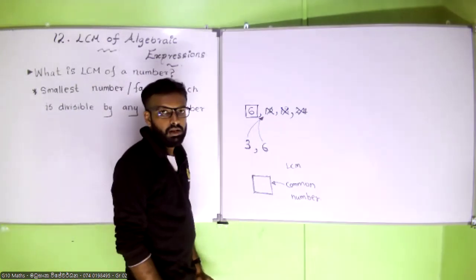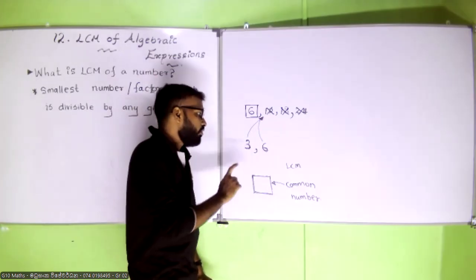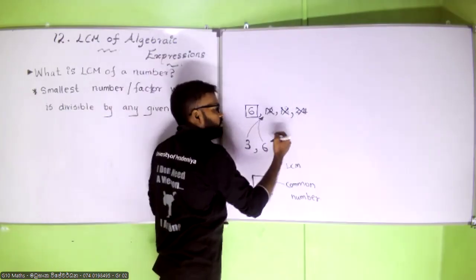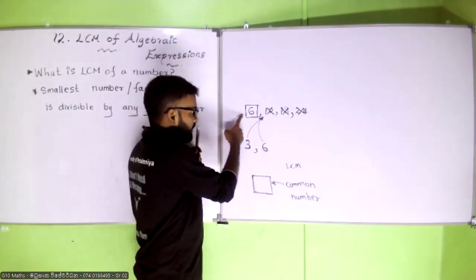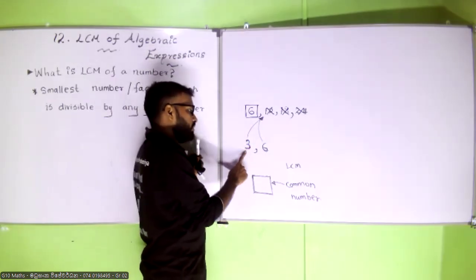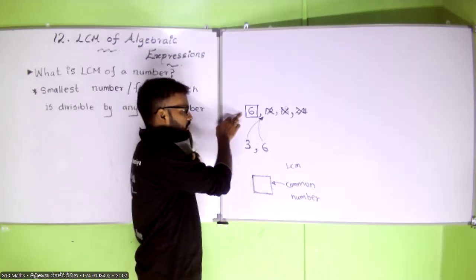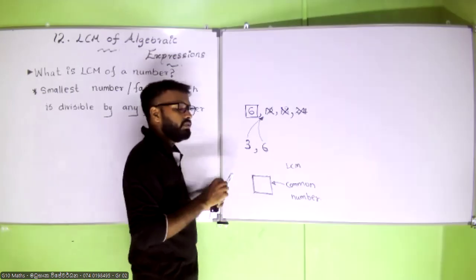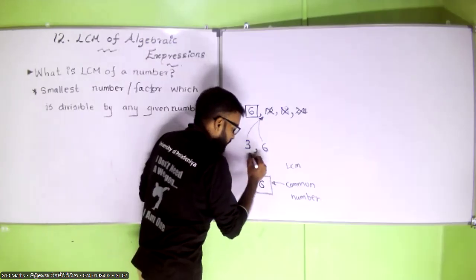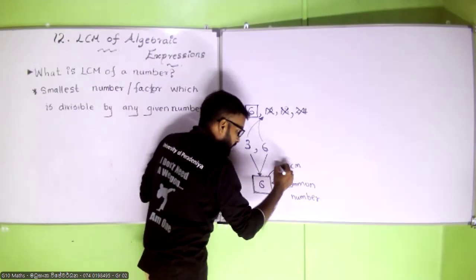So this should be the common multiple, not 12, not 18, not 24. This 6 is a common divisible number for 3 and 6. So that common number should be 6 for 3 and 6, and this 6 is called the least common multiple.